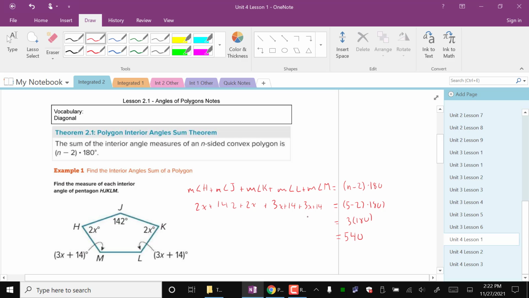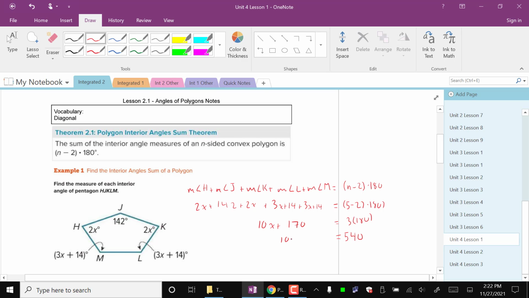So add all these up: 2x plus 3x plus 3x plus 2x gives you a total of 10x, plus 142 plus 14 is 170.